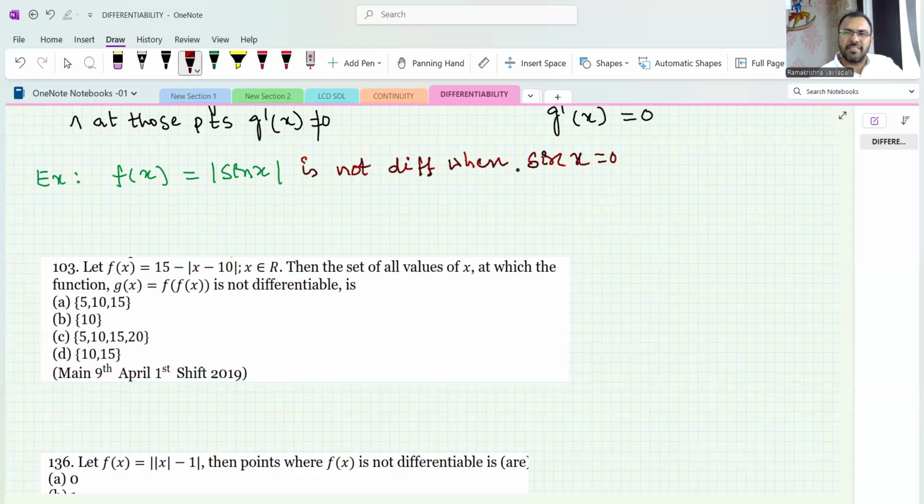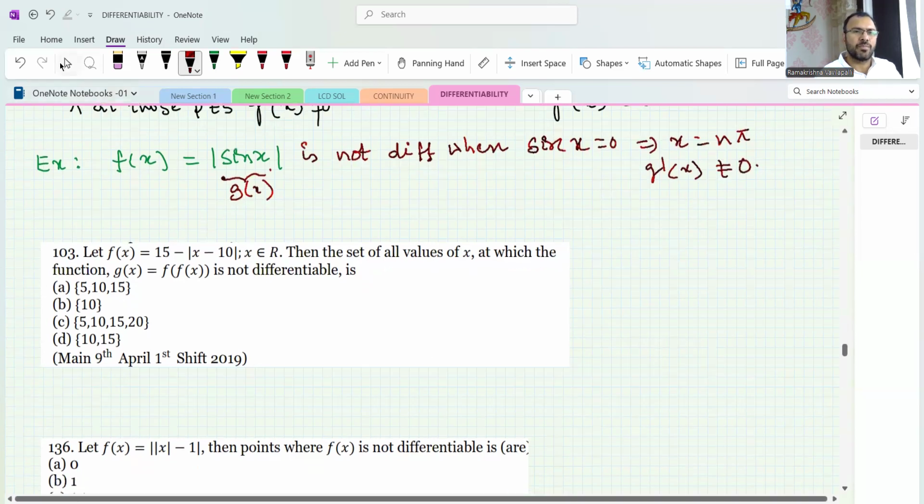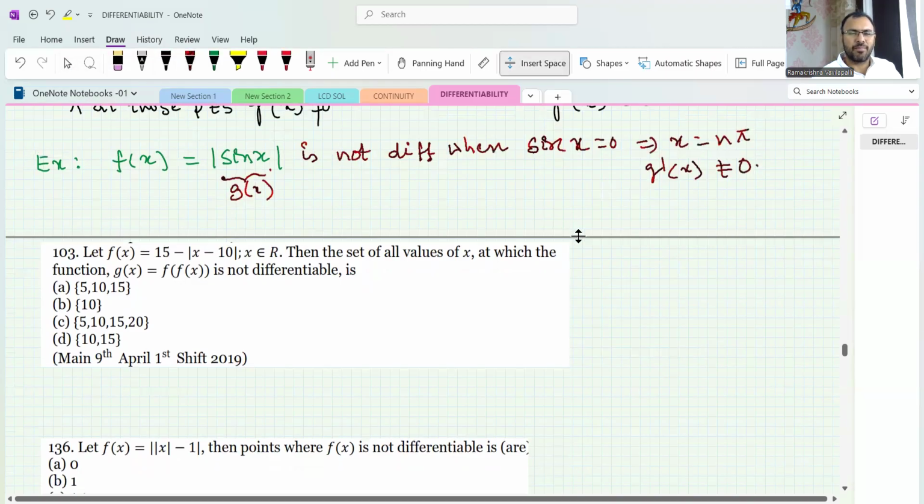And of course, its derivative is cos x. So this is equal to x equal to n pi. This is g of x, and at these points g dash of x is not equal to 0. Therefore, x equal to n pi are all non-differentiable points. Well, I'll give one more example.